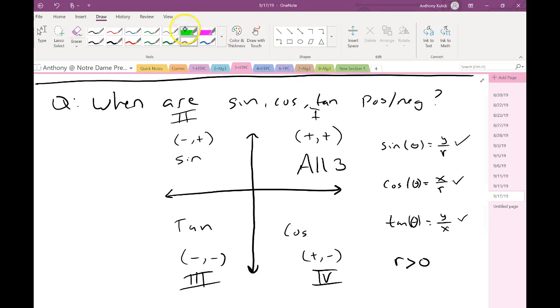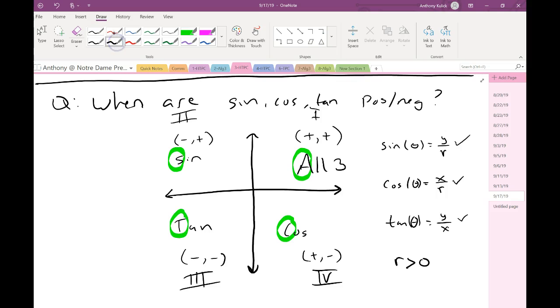So I can remember which function is positive in each quadrant using the acronym all silly turtles crawl.